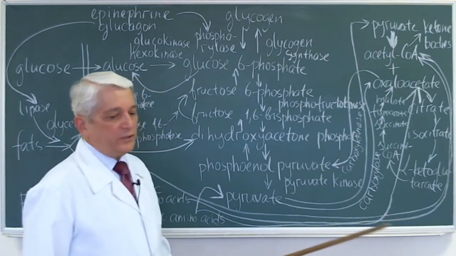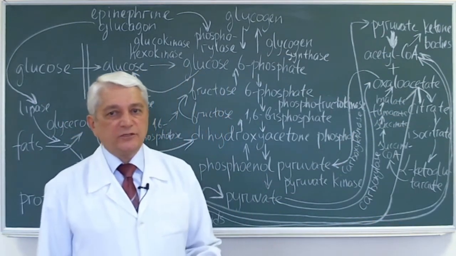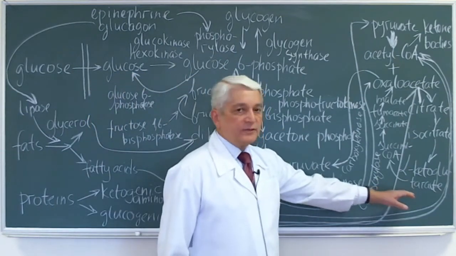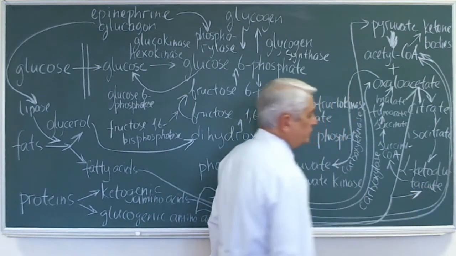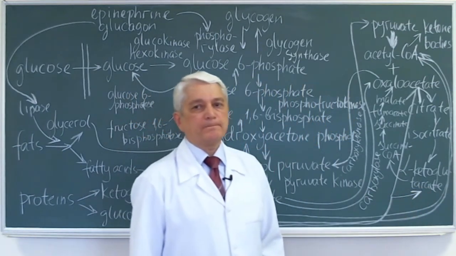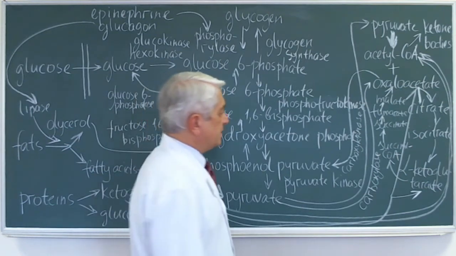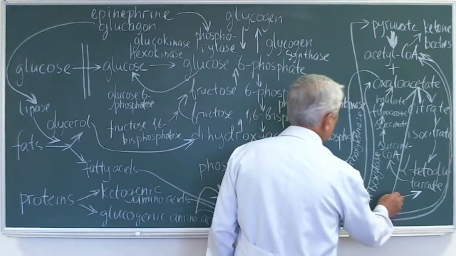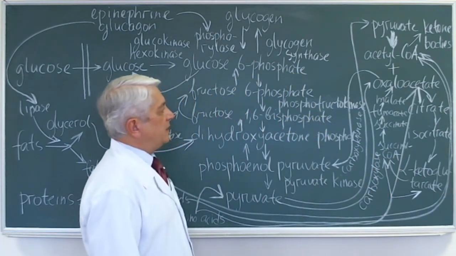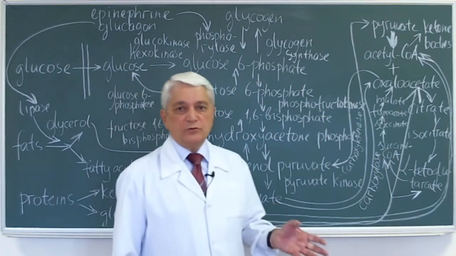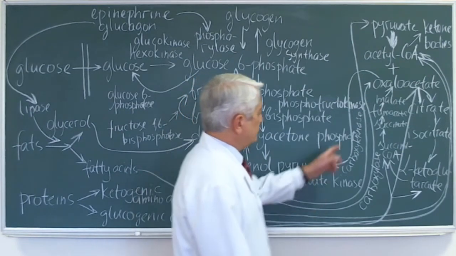If we shall take glutamate and make the same procedure, we immediately receive alpha ketoglutarate. So another arrow will go here, and some amino acids can produce succinyl coenzyme A, and as I told you, two amino acids, tyrosine and phenylalanine, can produce fumarate.